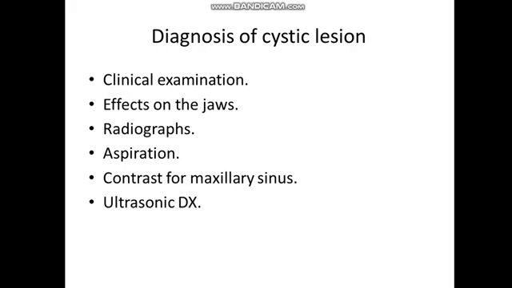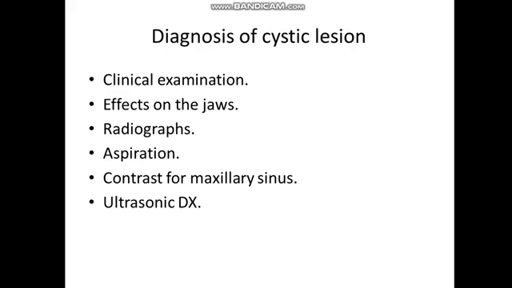But in case of a large cystic lesion, for accurate diagnosis, because the large cystic lesion becomes very close to vital structures, such as the inferior alveolar nerve or maxillary sinus, we may need a CT scan or CBCT, cone beam computed tomography, or also magnetic resonance imaging, MRI. This is very important for accurate diagnosis.